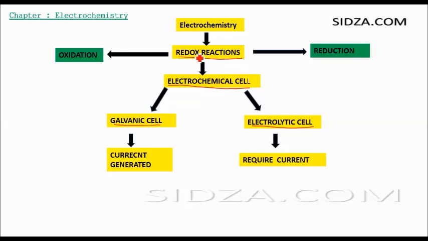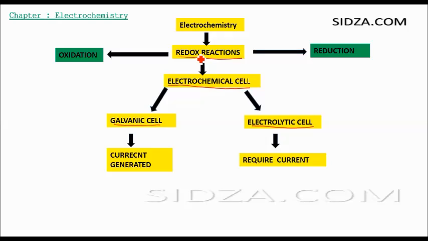Oxidation is basically the loss of electrons, and reduction is the gain of electrons. So in a redox reaction one substance gets oxidized, another gets reduced. One loses the electron, another gains, and these two things happen hand in hand. So oxidation is only possible when there is reduction, correct?